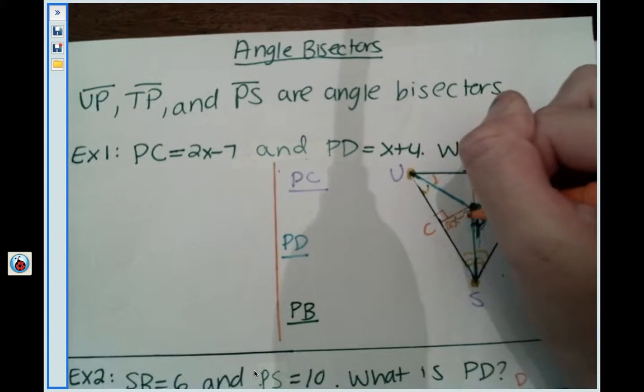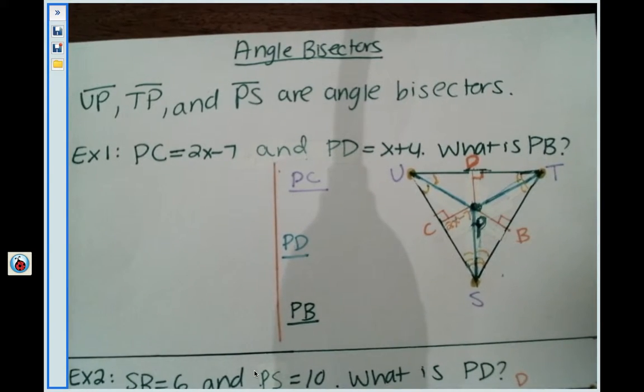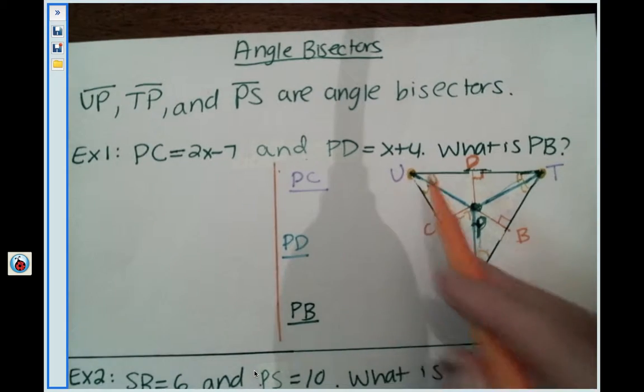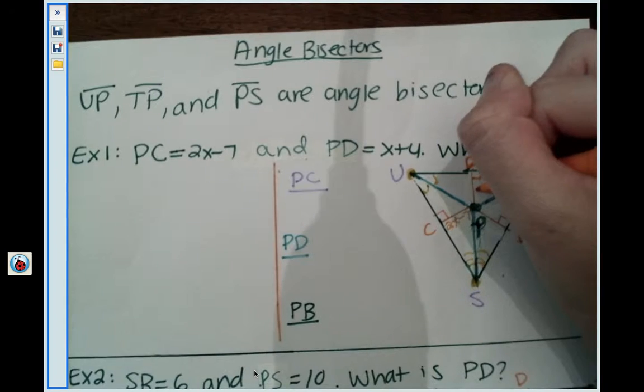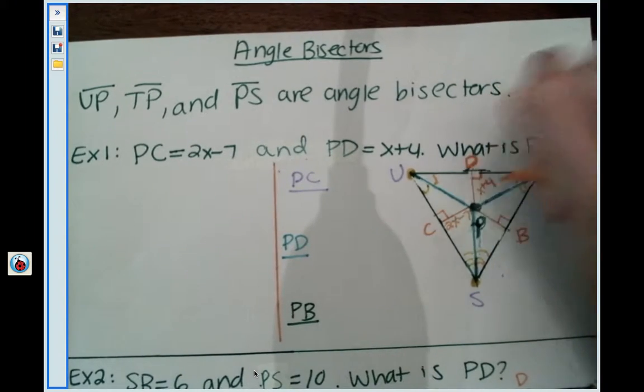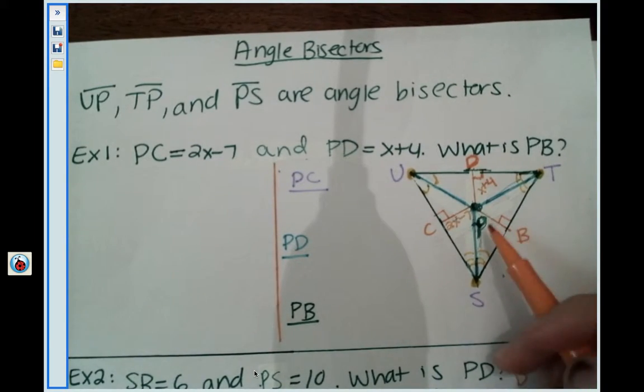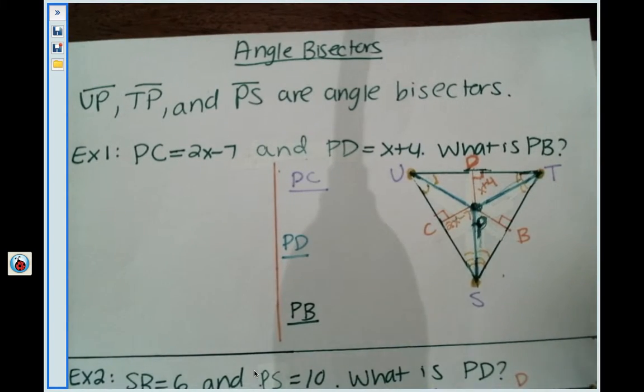And P to the D, right here, PD, is x plus 4. And now it wants to know what PB is. Well, right now we're dealing with segments, so it doesn't really seem like these angle bisectors are going to be really helpful in this problem. Shucks, I know, we were all hoping the angles would be helpful, but they're not.